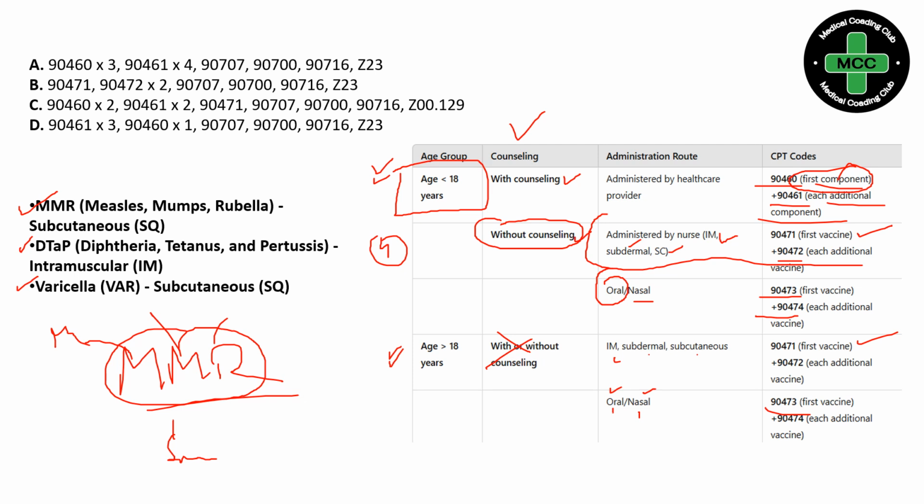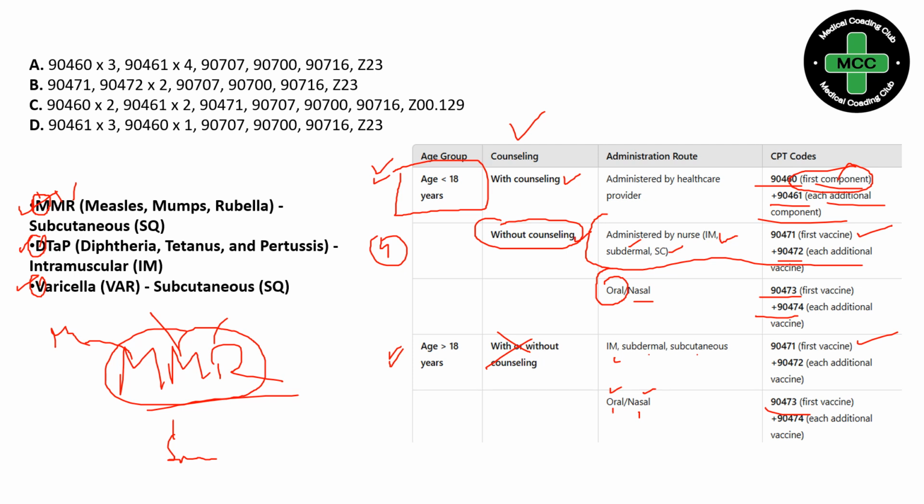In the first vaccine, we have three different components as I mentioned: mumps, measles, rubella. Each vaccine's first component you can take as units with the primary administration code.